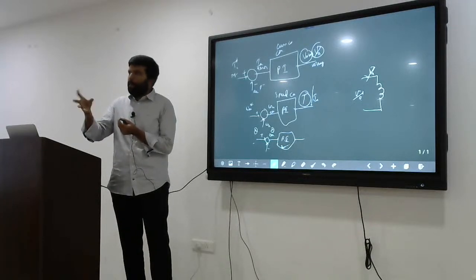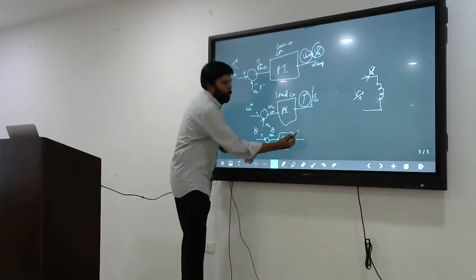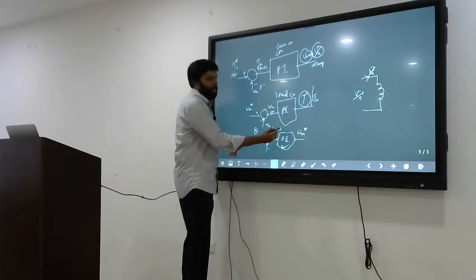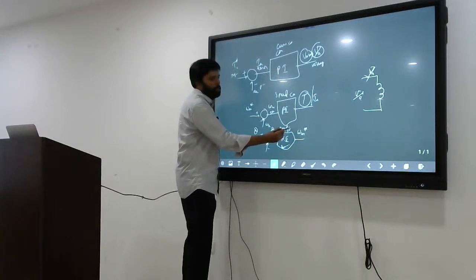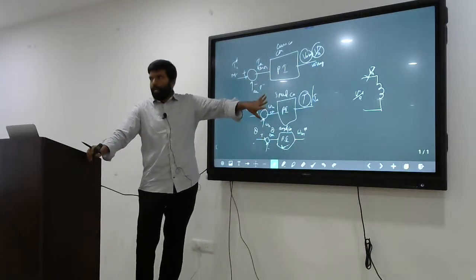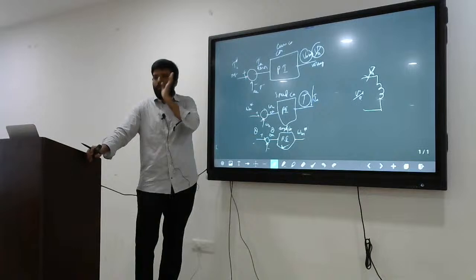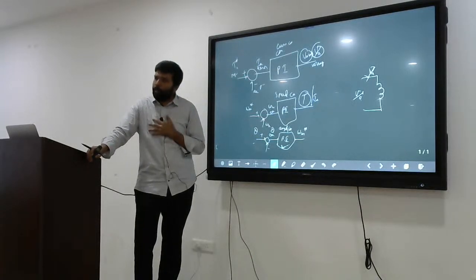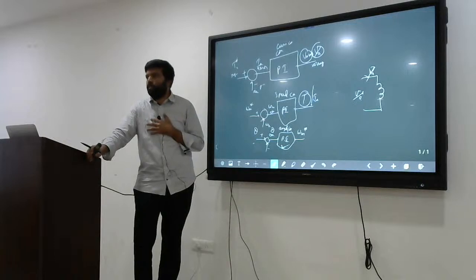Speed is the main cause component. Speed omega m will be decided by the angle or position controller. So finally there are three controllers required in electrical drives applications: one is the torque controller, another one is the speed controller, another one is the position controller.